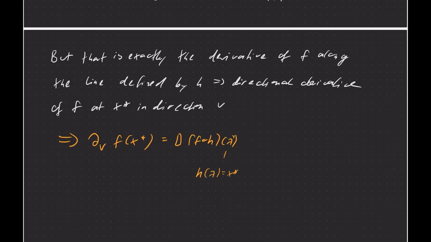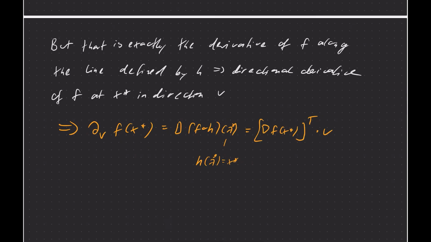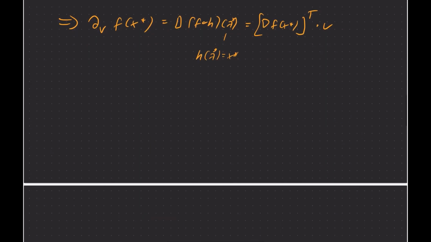Let's call it lambda star actually. And that's the same thing as the gradient of f at x star transposed times v. So to compute directional derivatives, it's actually sufficient to just compute the partial derivatives, the gradient, and then the directional derivative is just a linear combination of these.